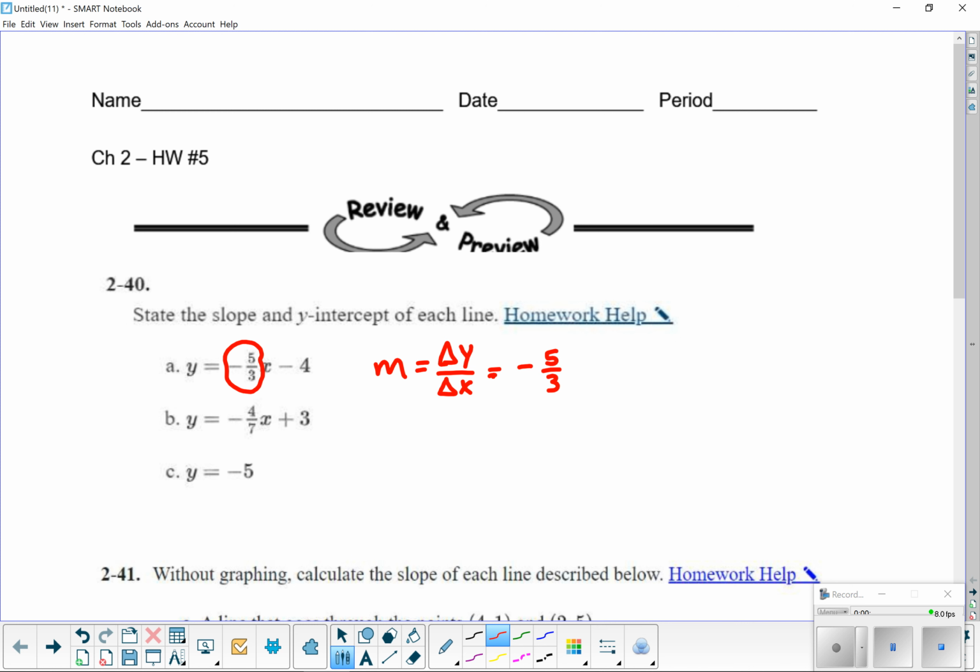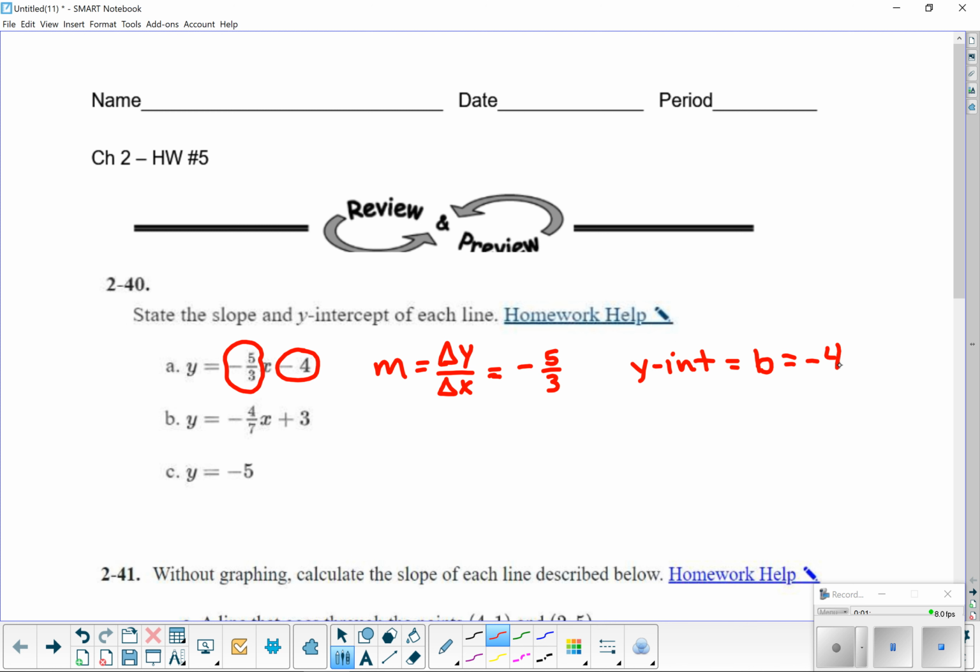Okay, and then the y-intercept, we can call this the y-intercept, or you can call it b. That's going to be this number in the back, the number without the x, and that's going to be negative 4.